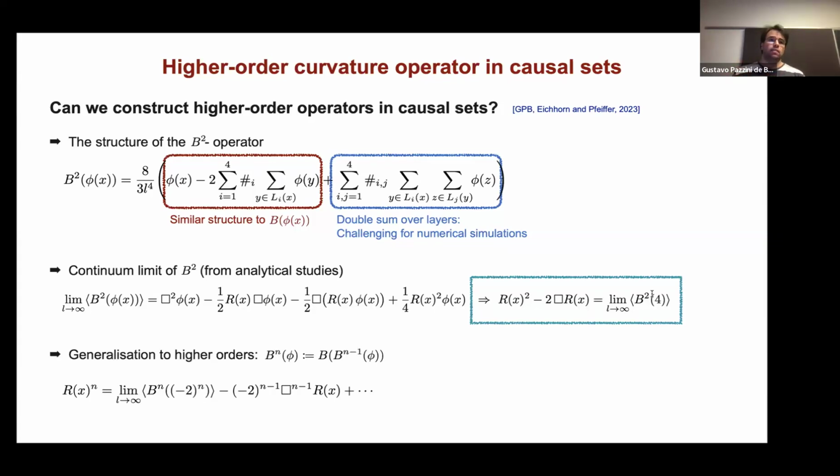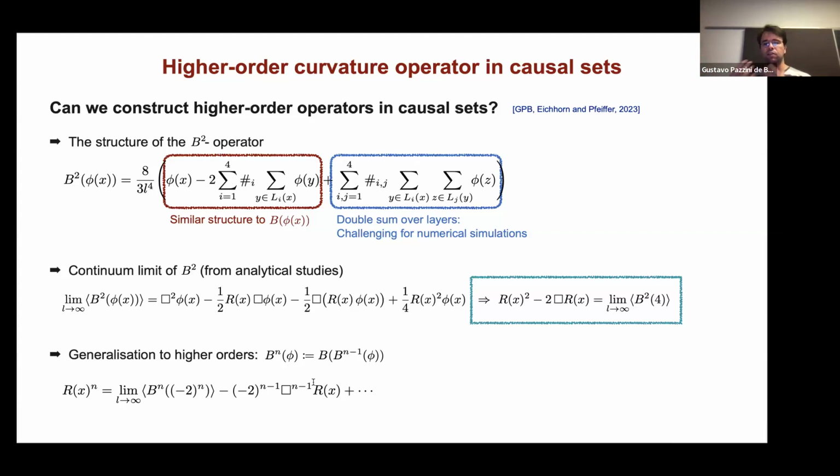You can even generalize this to higher orders. So the idea is that essentially you can define Bn in this kind of recursive way. And from this recursive definition, you can work out a proof by induction that taking the average over sprinkling and the continuum limit, Rn can be obtained by taking this particular average and limit, and then you have to subtract a bunch of other terms.